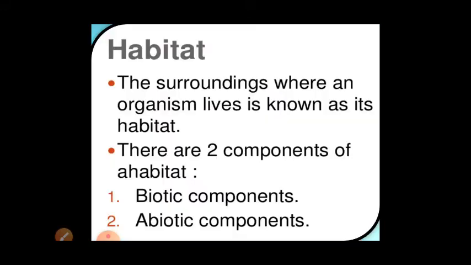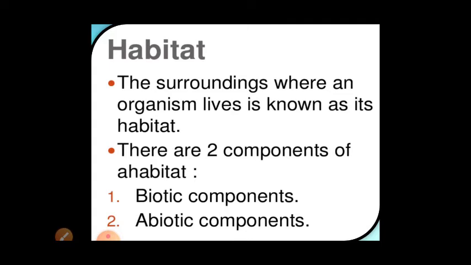Now habitat. What do you mean by habitat? The surroundings where an organism lives is known as its habitat. If a plant is living in water, it is an aquatic habitat. If animals are in the forest, then the forest is the habitat of deer, lion, tiger, and so on.